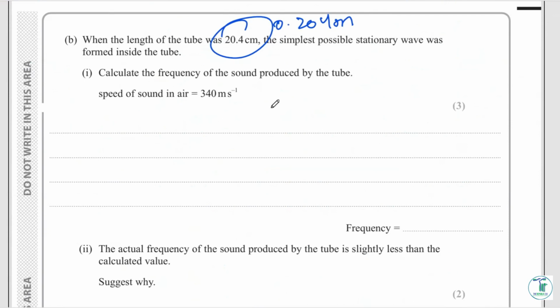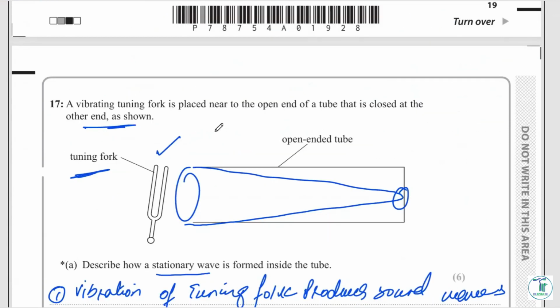So first of all, we're going to get the wavelength. You can see that the length would be L. And if I'm going to write that length in terms of the wavelength, it's because we've got a distance between an antinode and the node. Remember that the distance between an antinode and a node is a quarter of the wavelength.